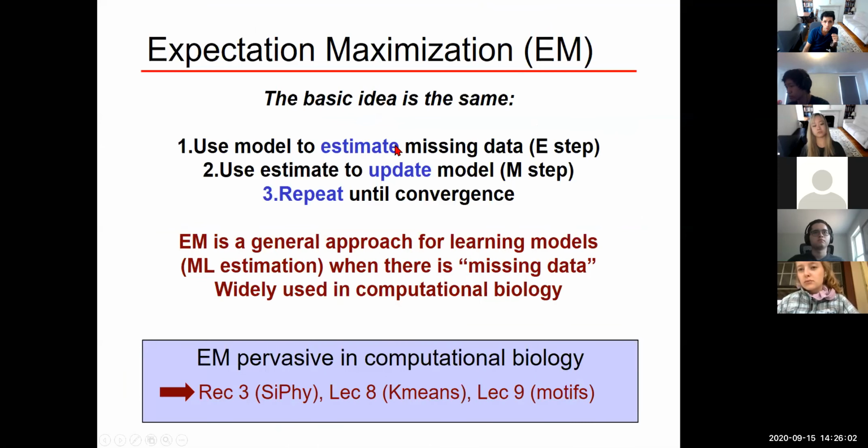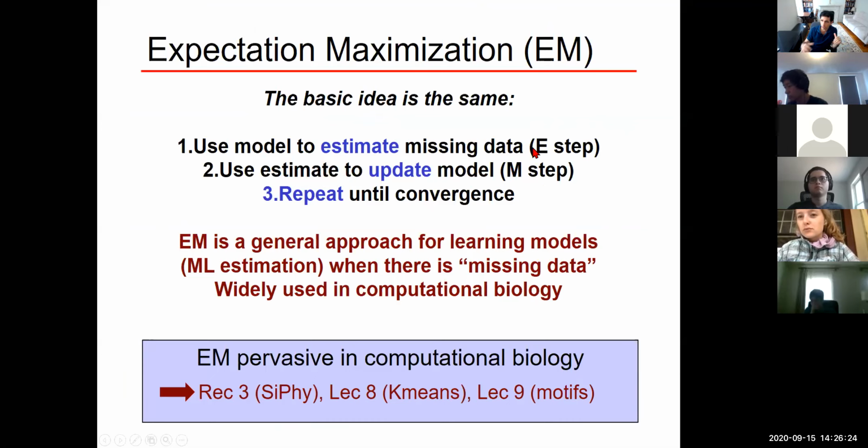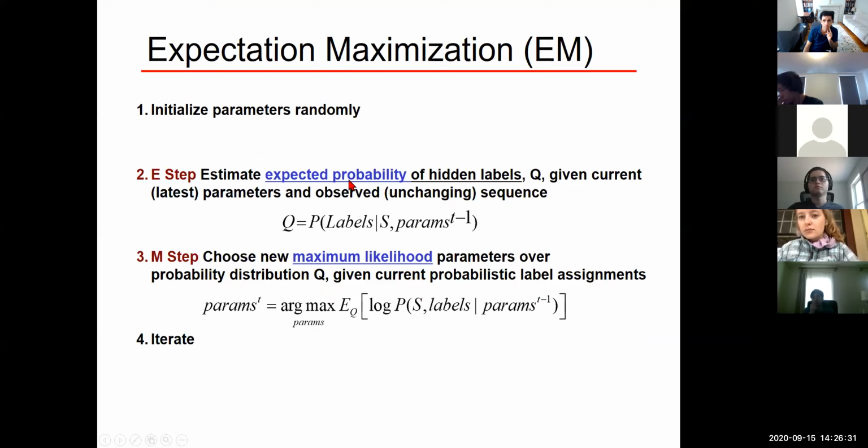So the basic idea is expectation maximization. We're going to use the model to estimate the missing data in the E step. That's estimating an annotation of our sequence. And then we're using that estimate to update the maximum likelihood parameters of the model. And that expectation of the parse, maximization of the parameters, estimation of the parse, maximization of the parameters, okay?